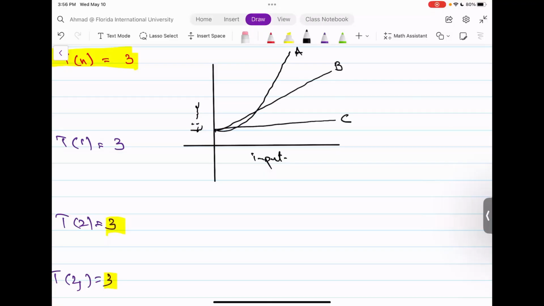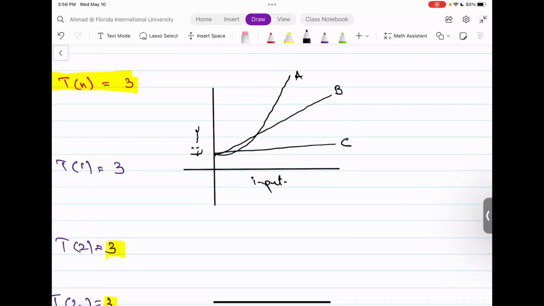So we plot our algorithms as a graph, and we observe the growth of the time taken by the algorithm to perform a task when the input size is increasing. Then we decide which algorithm is better.